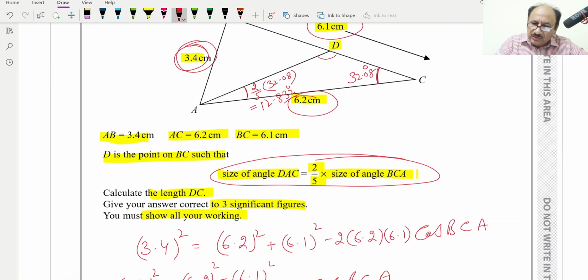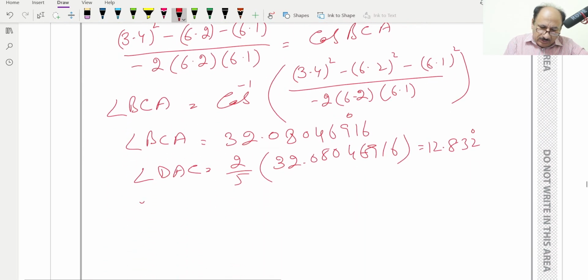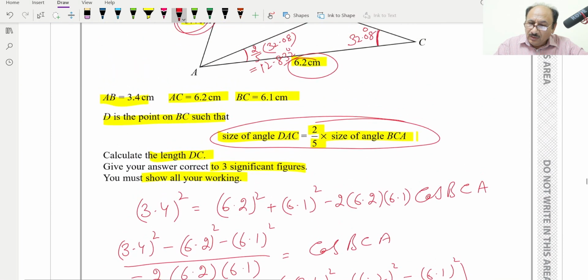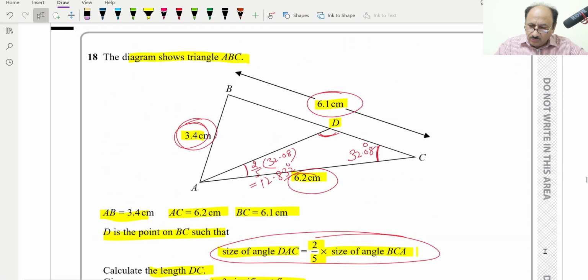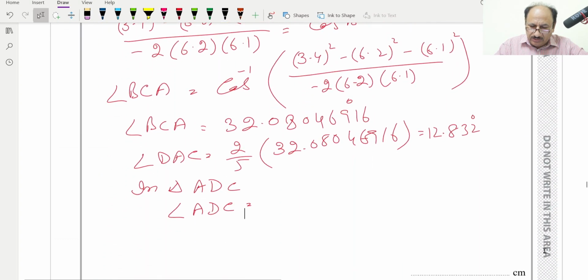We have two angles of this triangle ADC, so in triangle ADC, angle ADC is equal to 180 minus these two angles.